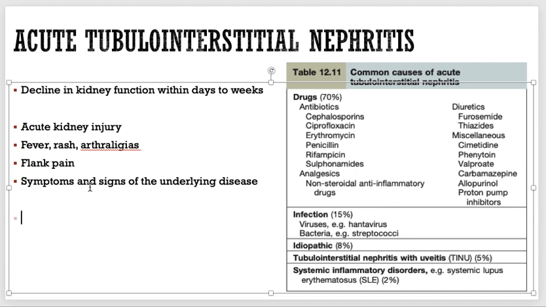Okay. So what we do is, of course, we go for urine analysis. Okay. And we can do a blood workup. Okay. CBC, ESR, CRP.